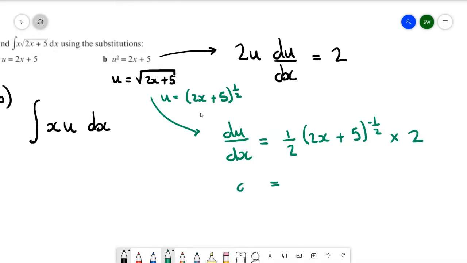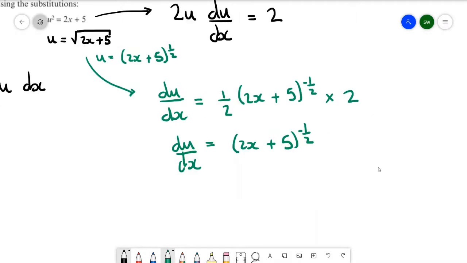So du by dx, a half times 2 is 1, so we'd get 2x plus 5 to the minus a half. But we'd get exactly the same answer as before, because this is du by dx equals, now we could write that as 1 over the square root of 2x plus 5.